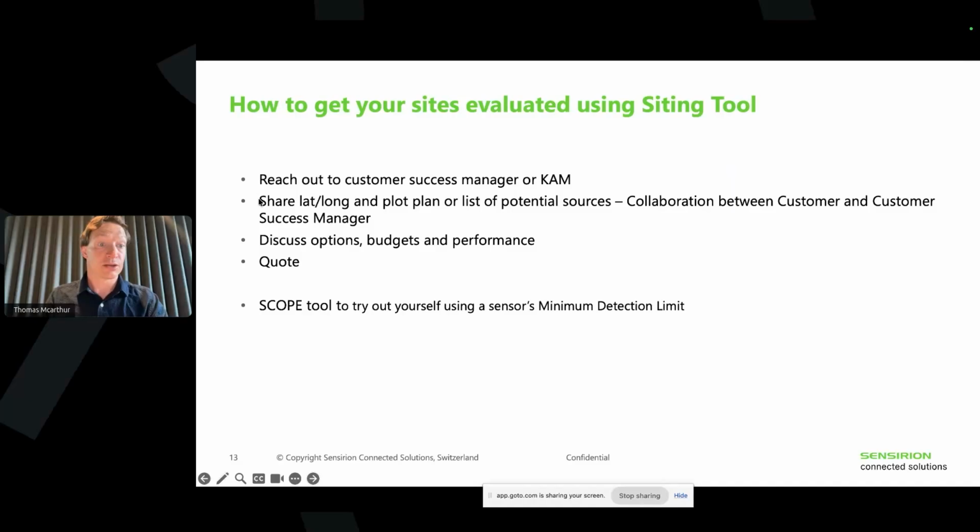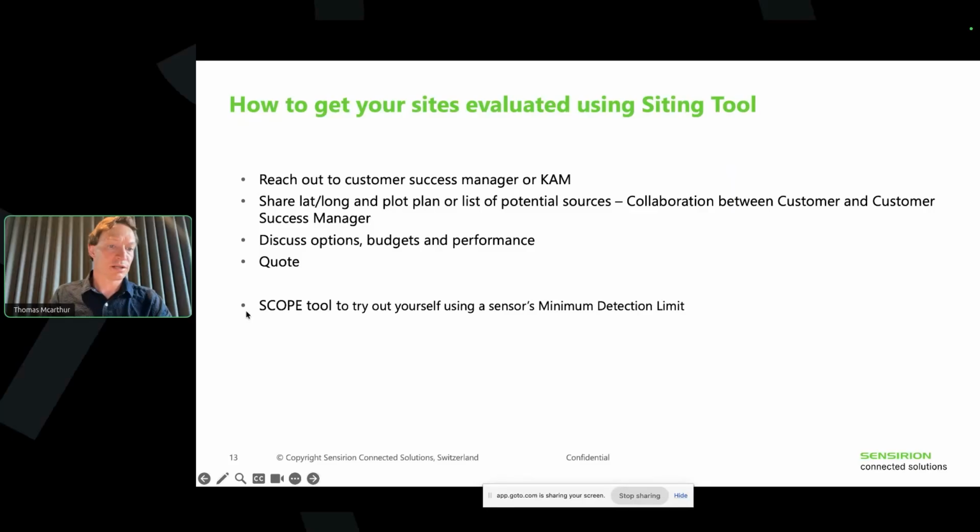You'll have to share your lat long and a plot plan or a list of potential sources along with their heights. And then this is really a collaborative effort to lay these things out to make sure that you can achieve the goals that you'd like to. Obviously, there are budget constraints, but we will present options and share performance for each of them, and then we can provide a quote after we've gone through that exercise.